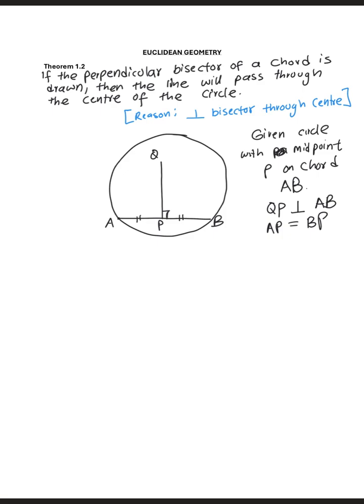So we are required to prove that QP passes through the center of the circle.